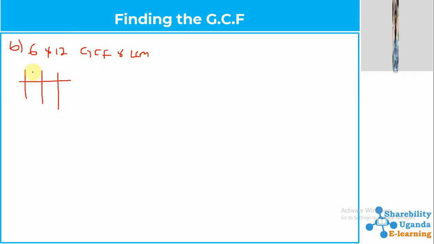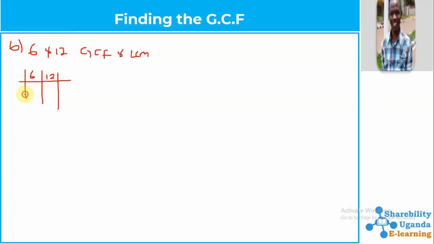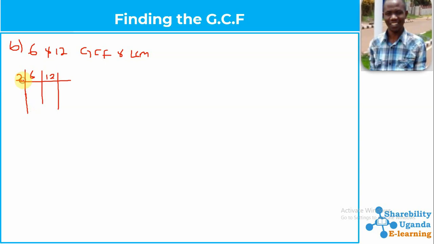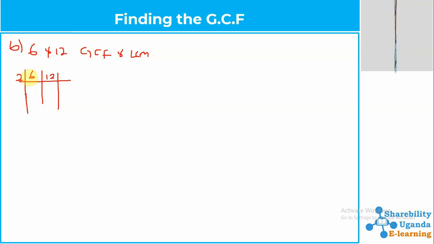When you use the ladder method, our 6 is going to be here, our 12 is going to be here. And then we look out for the number that can divide both numbers, 6 and 12. Okay, we can try a 2. 6 divided by 2, we get 3.